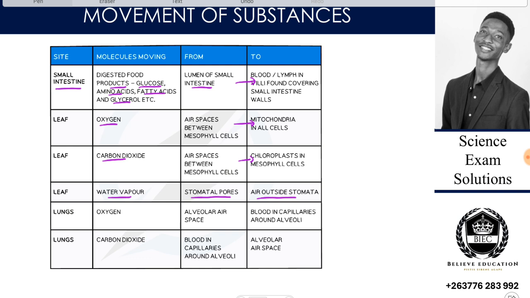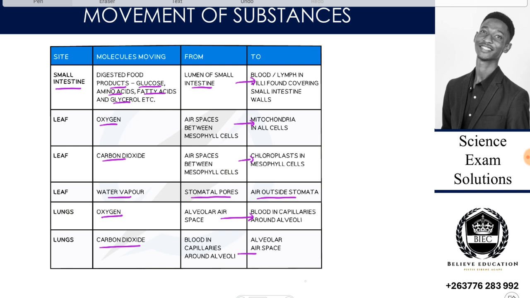And then also in the lungs we have oxygen being exchanged, moving from the alveoli into the blood capillaries. As well, in the lungs we have carbon dioxide coming from what? From the blood capillaries into the alveoli. When it enters the alveoli, that is when you breathe out, and then it releases carbon dioxide outside of the body.